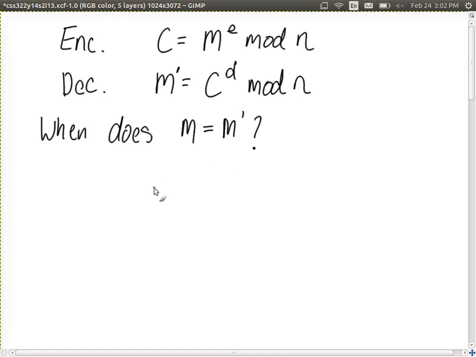Well, before we look at the conditions, let's consider an example, and instead of going through key generation, let's choose some different small numbers. And I'll let you choose. What's M? Give me an M, small number, easy to calculate.